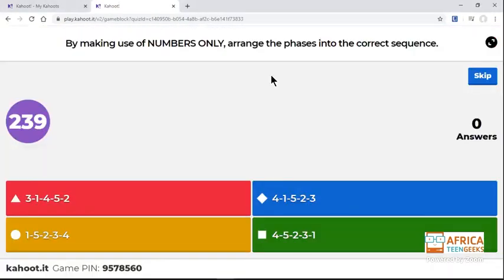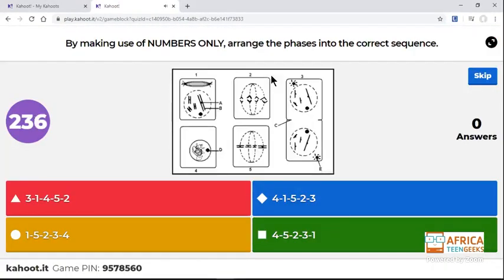So by making use of numbers only, arrange the phases into the correct sequence. So by using numbers only, we have 1, 2, 3, 4, and 5.